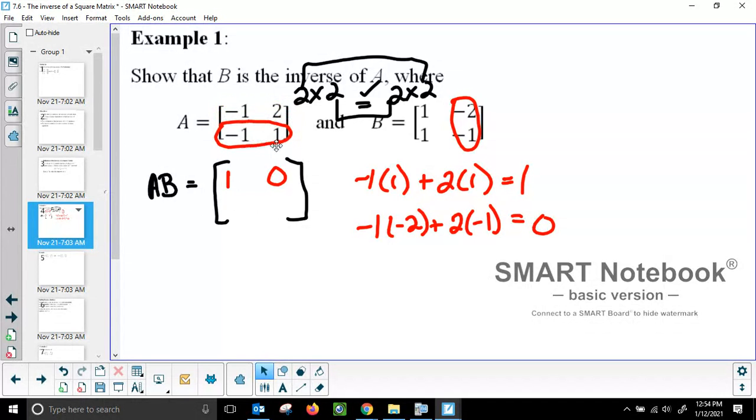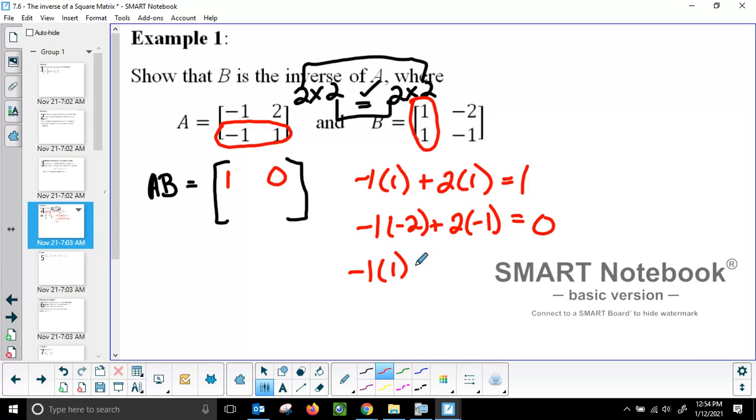So when I multiply these out, we're going to get -1 times 1 plus 1 times 1. So there we get -1 plus 1, which equals 0.